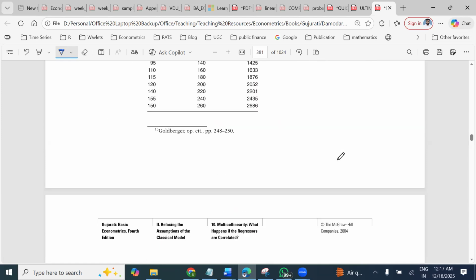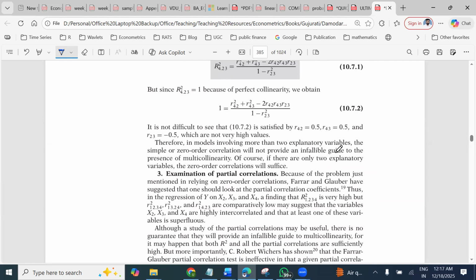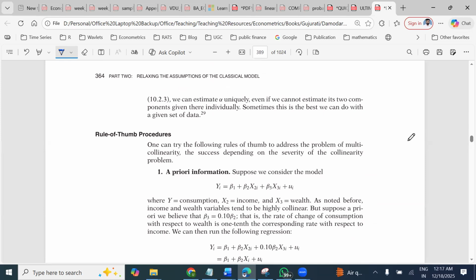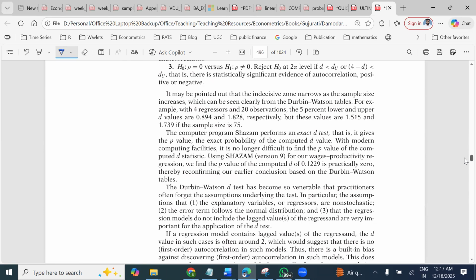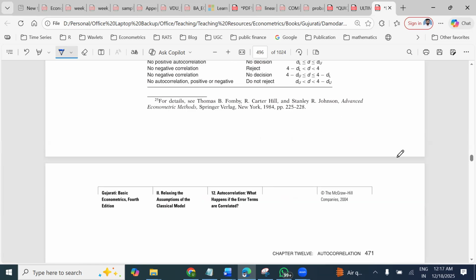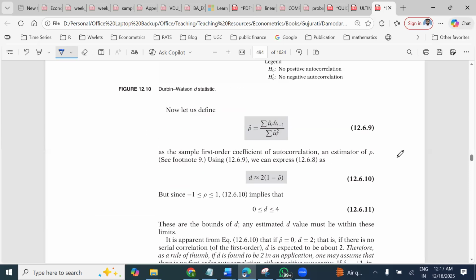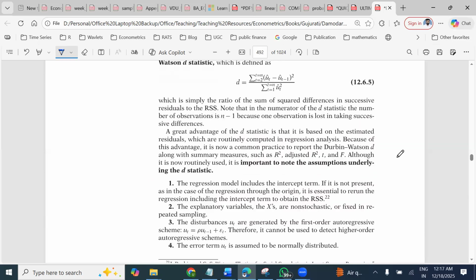No, sir, I have a different one. Okay, you can go to the autocorrelation chapter, not a problem. It will be towards the last, after heteroscedasticity. See, autocorrelation is here. Negative autocorrelation is coming, right?